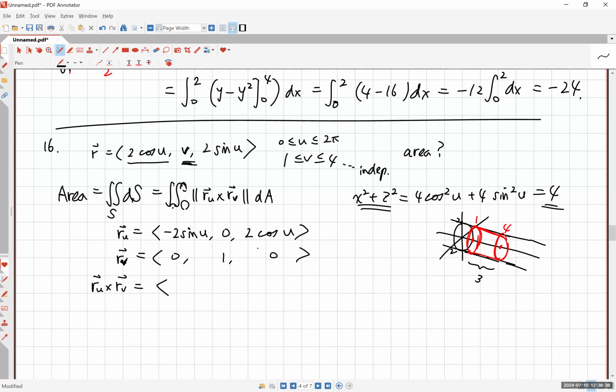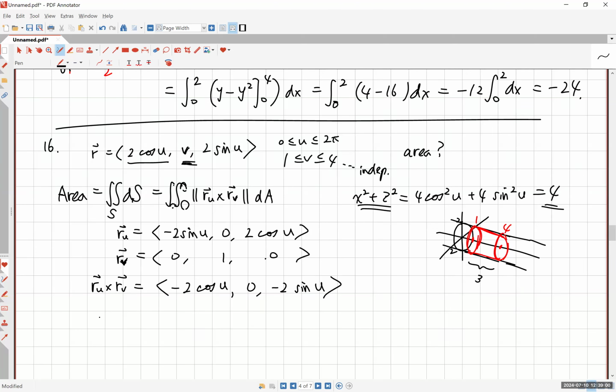I can easily calculate the cross product. The first component of the cross product is 0 minus 2 cosine U. The second one, 0 minus 0. Last one, negative 2 sine U minus 0.